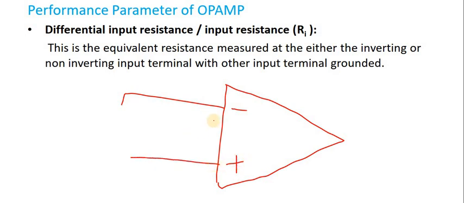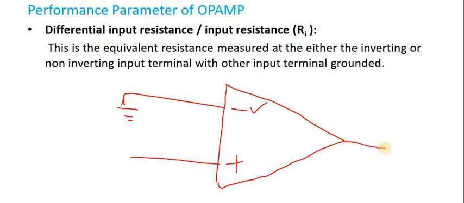You can find the equivalent resistance measured at either terminal, but the other terminal should be grounded. Suppose you are calculating using the inverting terminal, then your non-inverting terminal should be grounded, or if you are calculating using the non-inverting terminal, then your inverting terminal should be grounded.